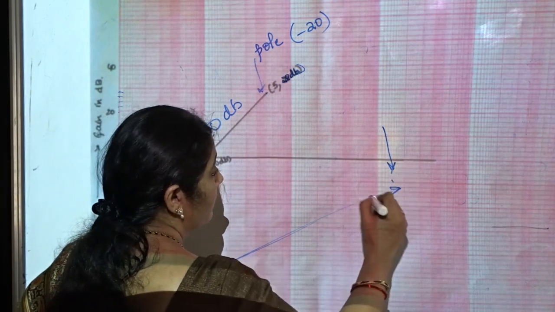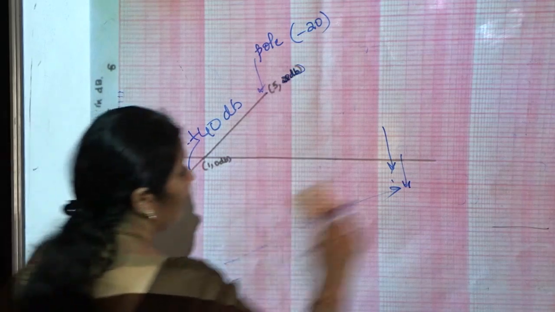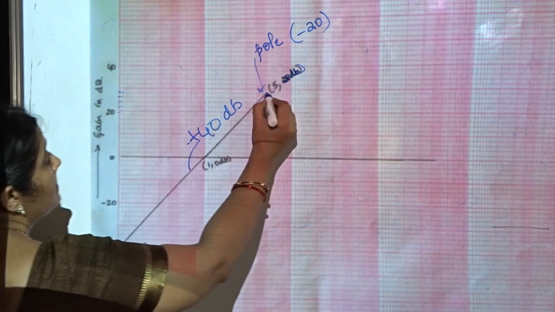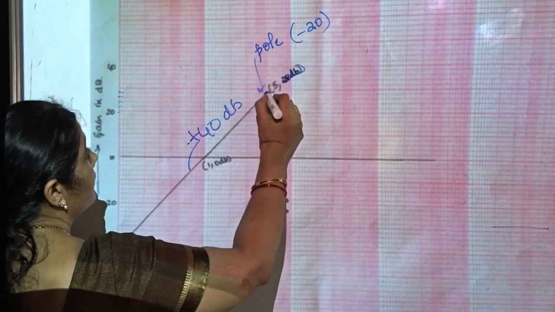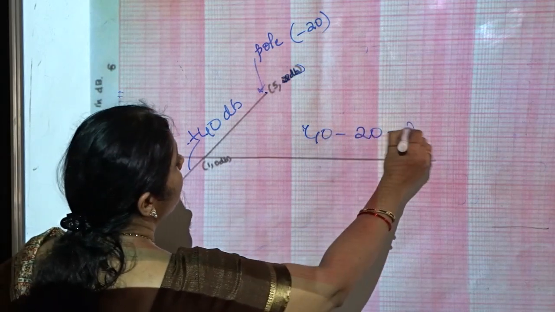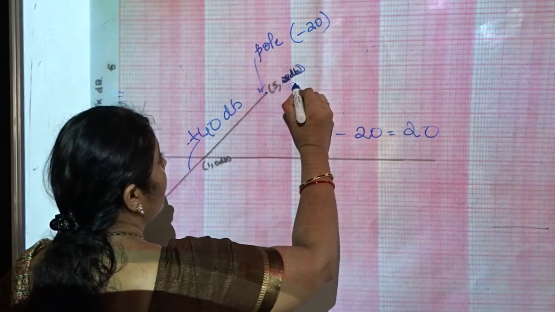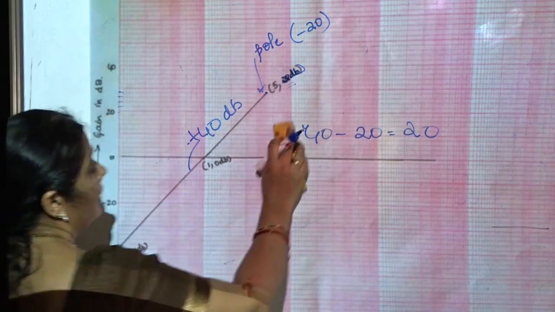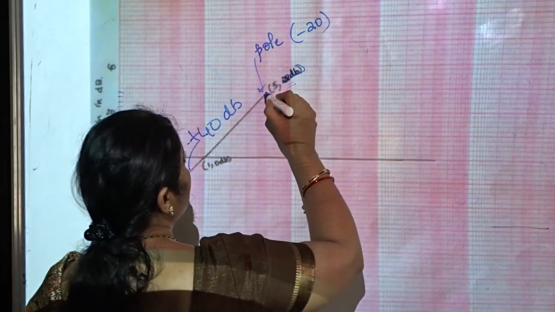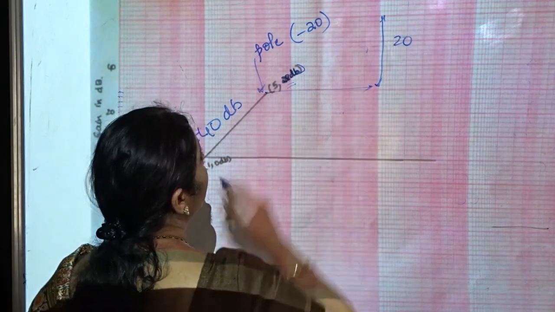Suddenly you apply a brake, the speed will come down. The slope has to come down now. This is plus 40 minus 20, so the slope comes down by 20. This is 28. When I am drawing, the difference on the y-axis should be 20 and the difference on the x-axis should be a decade.